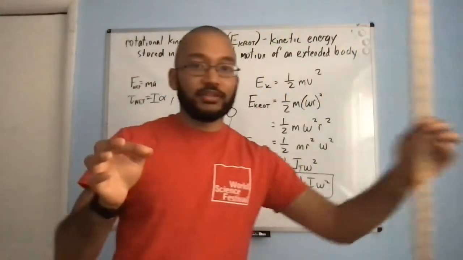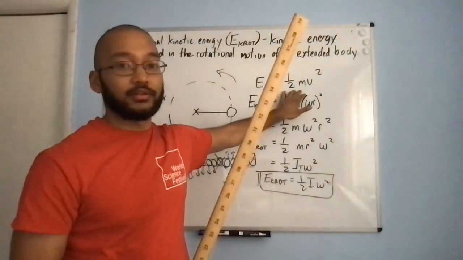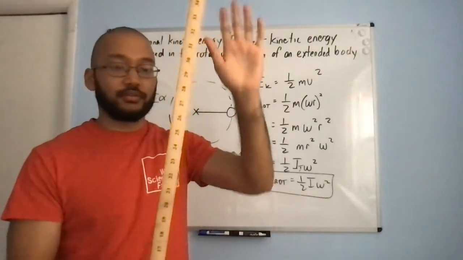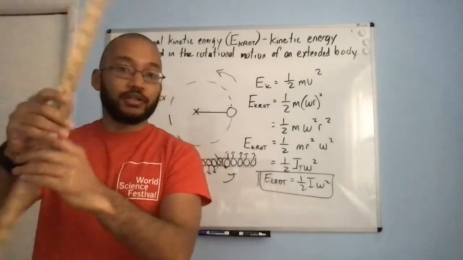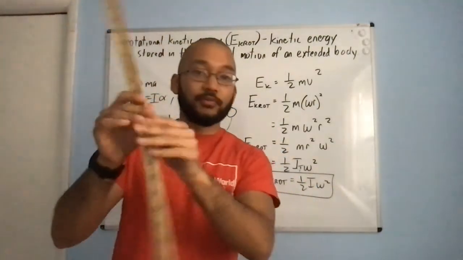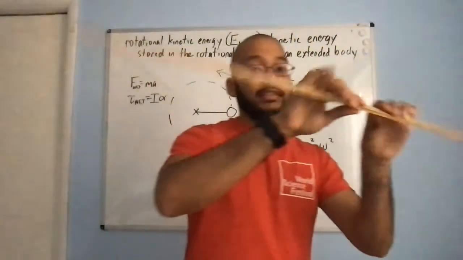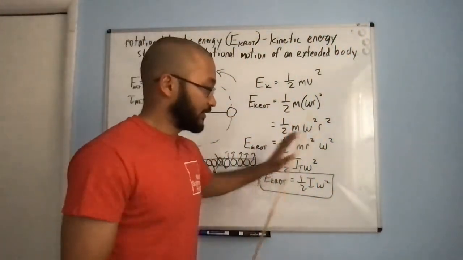The center of mass is moving in a straight line at some speed v. It's going to have kinetic energy 1/2 mv squared, relating to the whole thing. But if this thing is rotating, it has rotational kinetic energy 1/2 I omega squared. If it's rotating and moving, it's going to have both. I need to account for both. So this is kind of like a new slot.